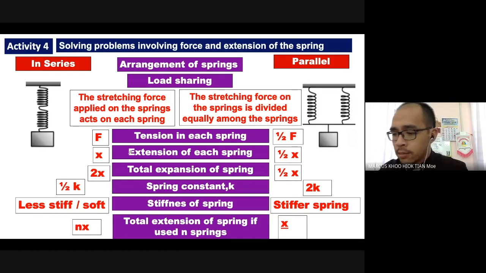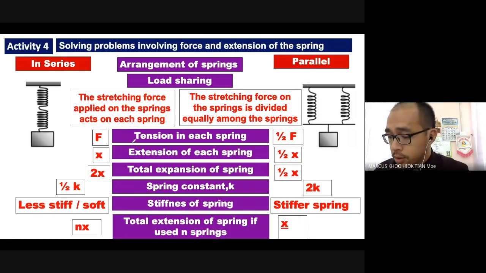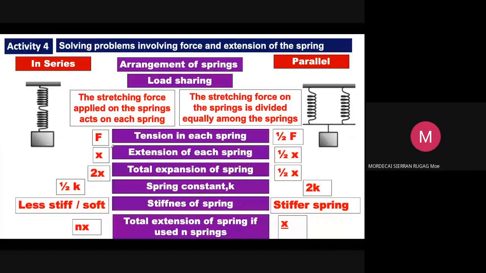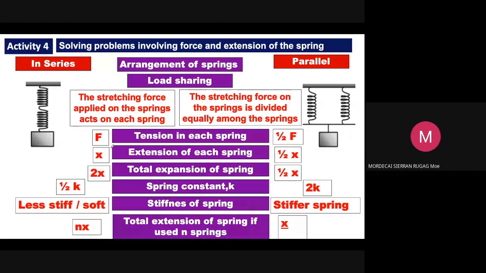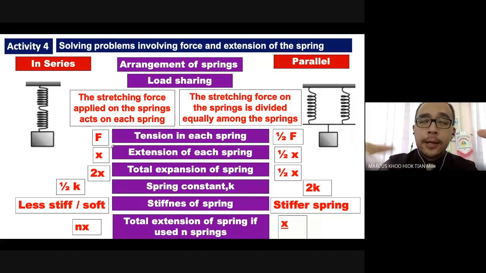Is this comparison between in series and parallel in the textbook? Adakah? Ada page? Page 30 and 31. Okay, refer to that lah. That comparison is very important. But basically, it's like this lah.